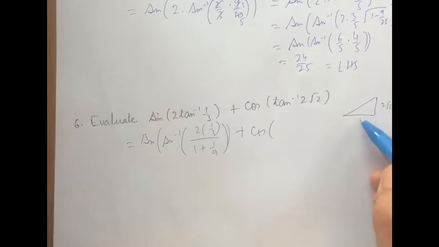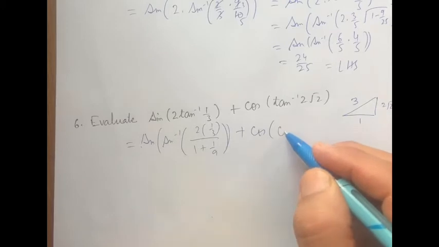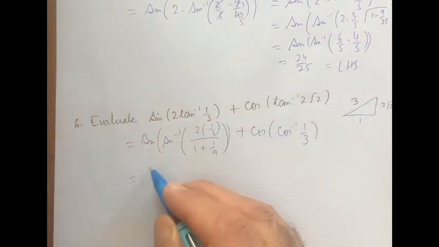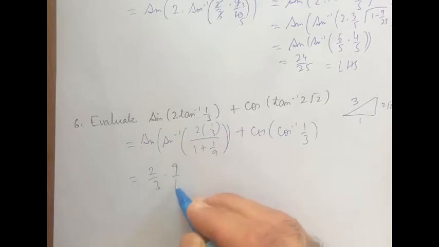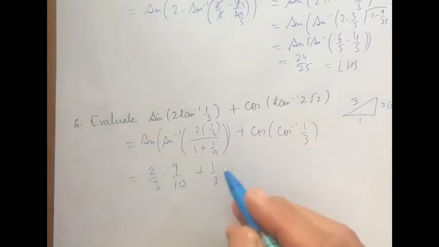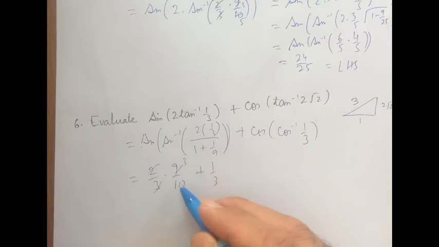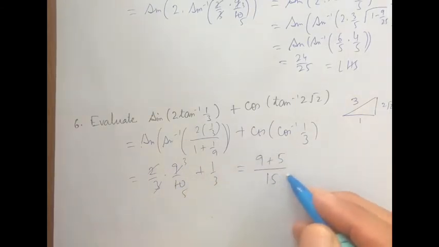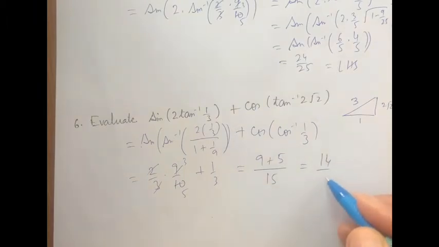This side is 2 root 2, this is 1, this will be 3. This can be written as cos inverse of 1 by 3. So this is 2 by 3 into 9 by 10 plus 1 by 3. This is 9 plus 5 by 15, or this is 14 by 15. So this is the answer.